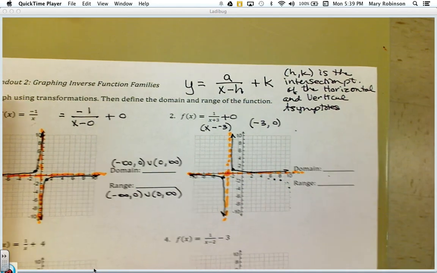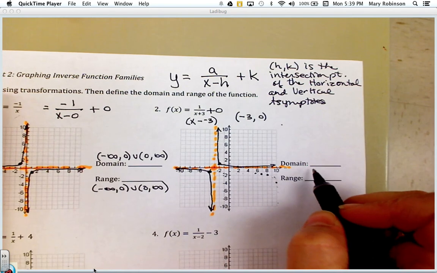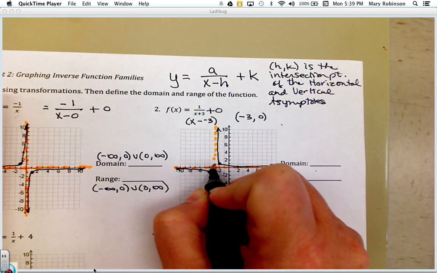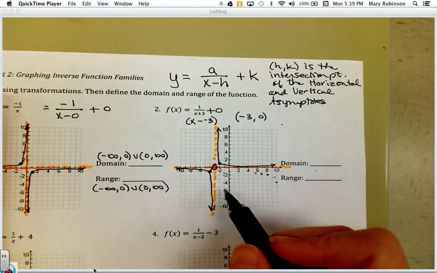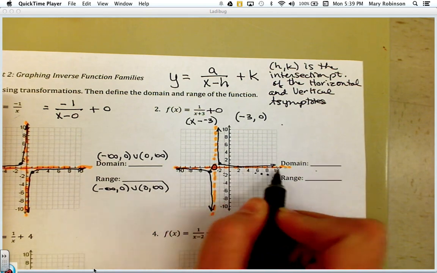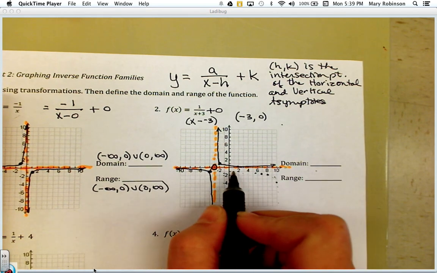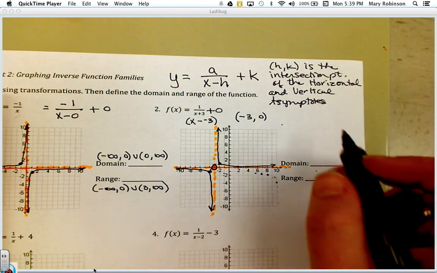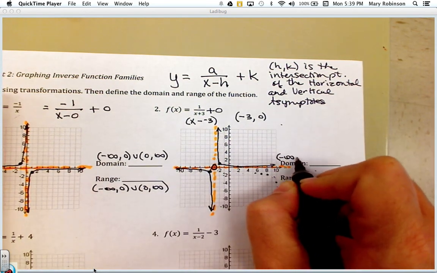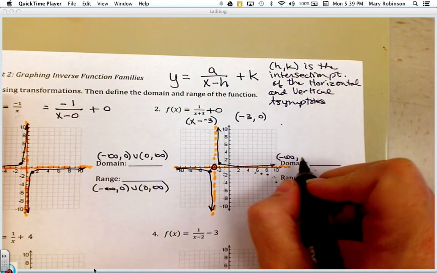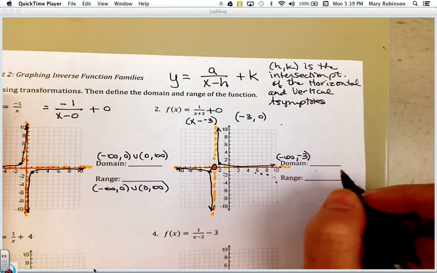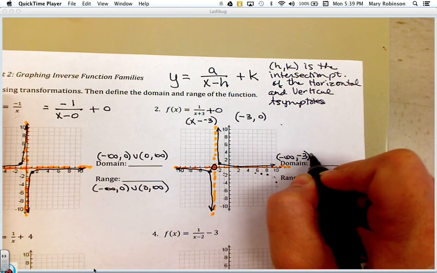Okay? Now this time we need to pay attention and realize that we skipped over the x value of -3. So I'm going to just put a circle there. It's not really going to affect my graph because it's not part of the graph. But maybe that will help you to think about the number line created for our domain, similar to how I showed you on the notes. So it is coming in from the left, from -infinity, going up to and approaching an x value of -3, but it's skipping over it, so we're going to exclude -3 in our domain.